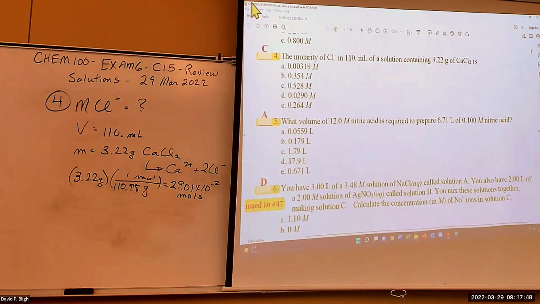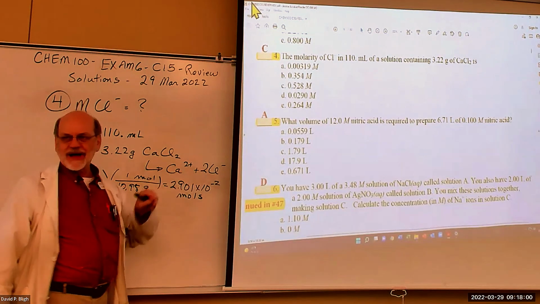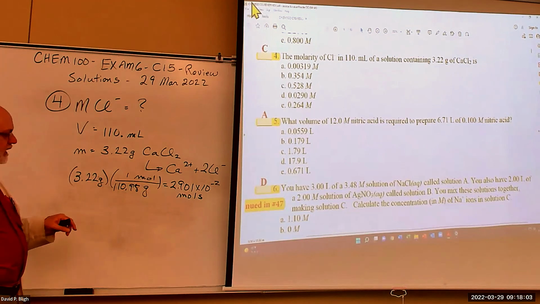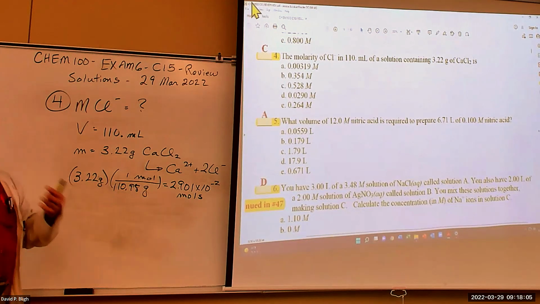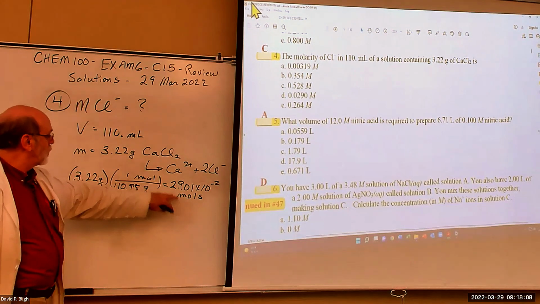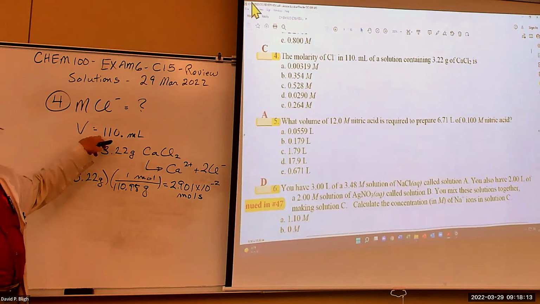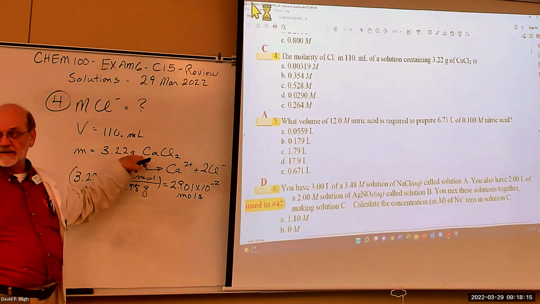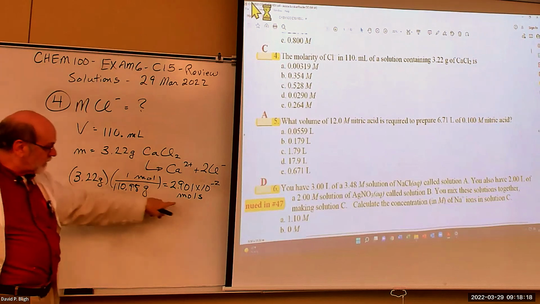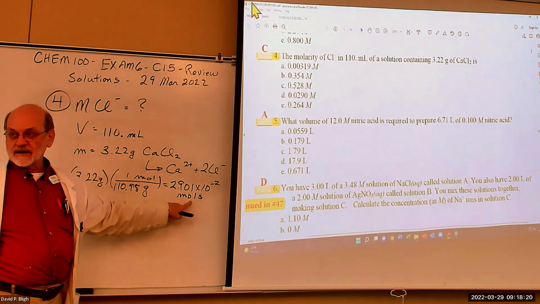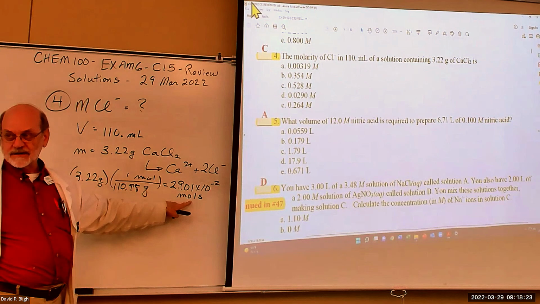Now we can go 2 directions here and get to the same answer. If we're only interested in molarity of chloride, we could, like I said earlier, convert this moles per 0.11 liter and find the molarity of this and then convert that to chloride. Or we could say, if we have this many moles of calcium chloride, how many moles of chloride do you have?